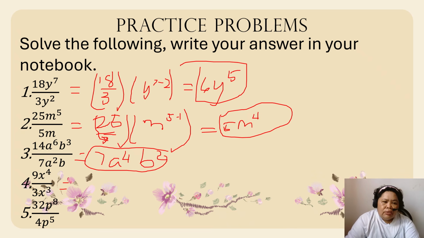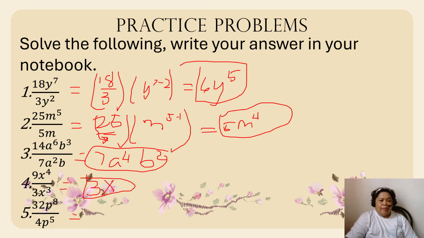That's the same. So 9 divided by 3 is 3. And for x, we have 4 minus 3, that is x, or we can say 1x. 32 divided by 4 is 8. Then for p, we have 8 minus 5, that is 3. Get it?